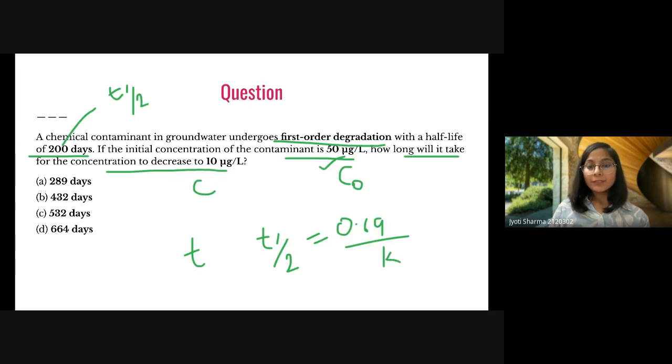If we have the half life, then we can easily calculate this rate constant. And if we know the rate constant, and we know C and C node, then putting everything into the integrated form of the first order, we can get the value of t. So let's see how we can calculate this.